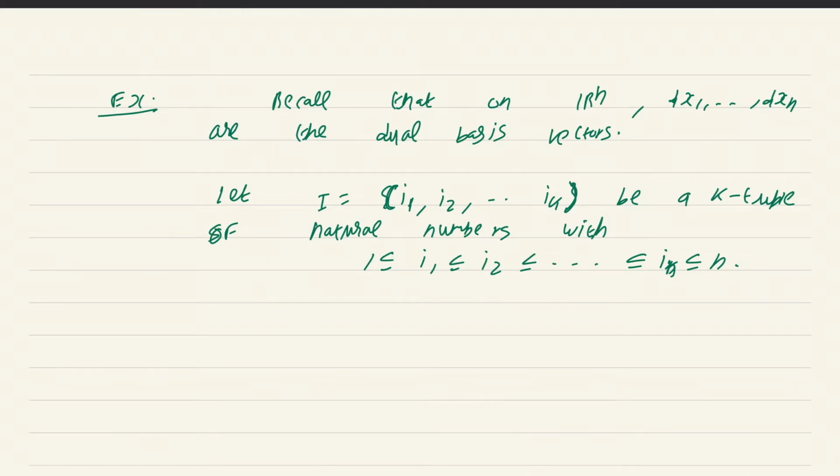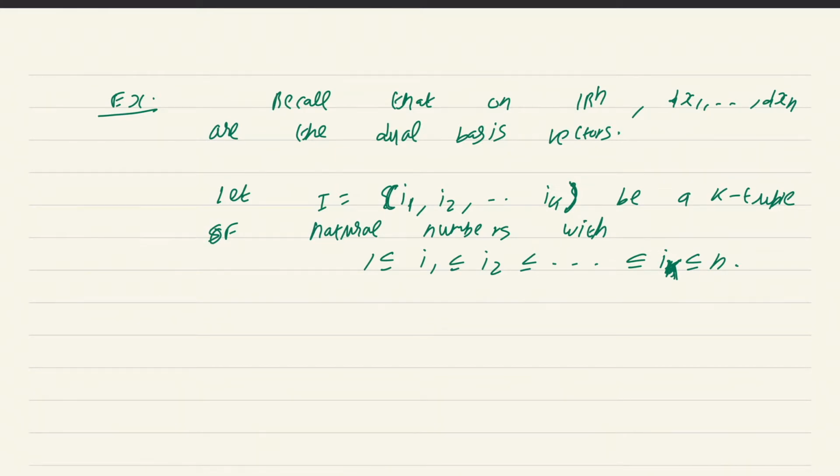Choose k integers from 1 to n and put them in this increasing or non-decreasing order. Note, I am not assuming that Ij and Ir are always different. Many of them could be the same.